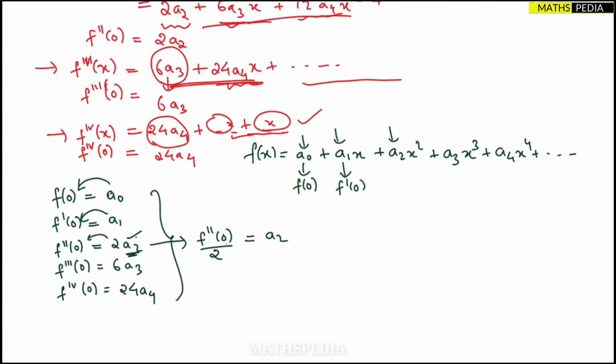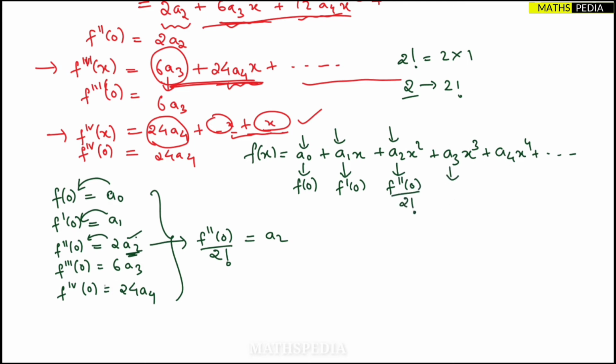One more thing, can I write 2 as 2 factorial? Because what is 2 factorial? 2 factorial is nothing but 2 into 1. So I'll put it as 2 factorial. So in place of a2 I'll write f double dash of 0 by 2 factorial.